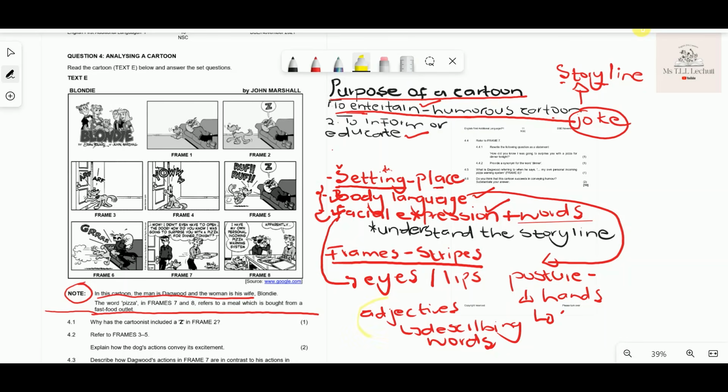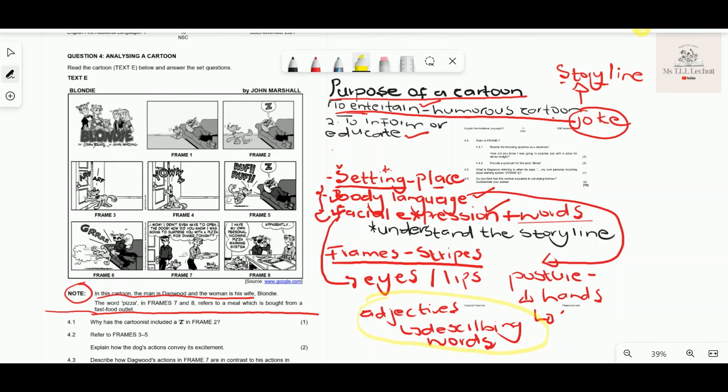Adjectives meaning what? Describing words. It means that you are going to describe what you see. If the eyes are wide open, you say, in frame 1, Tom's eyes are wide open to show that he is actually excited or shocked or surprised. Or the mother's mouth is wide open, her forehead is frowned to show that she is shouting.